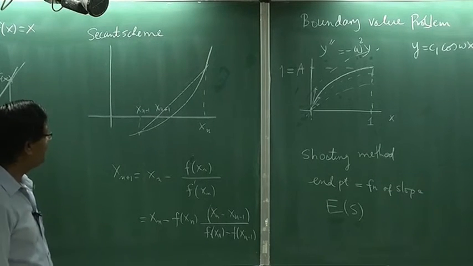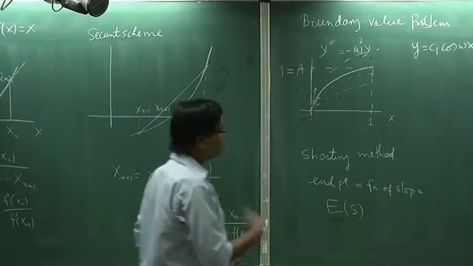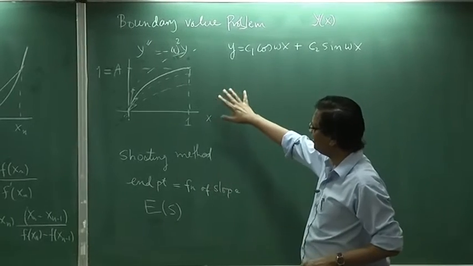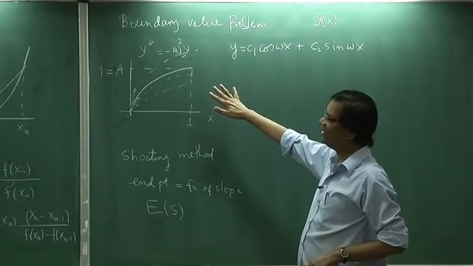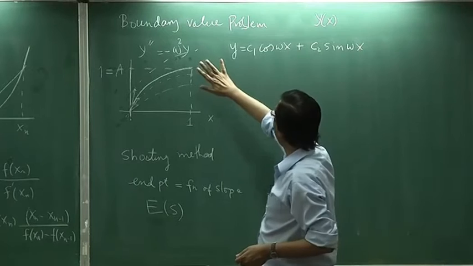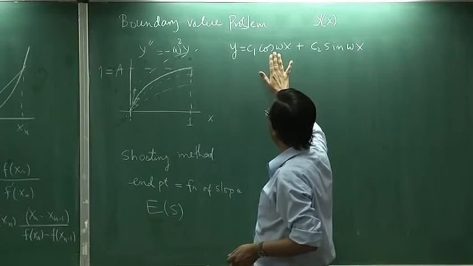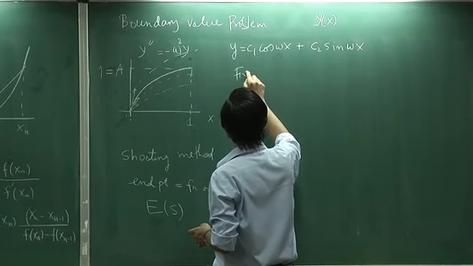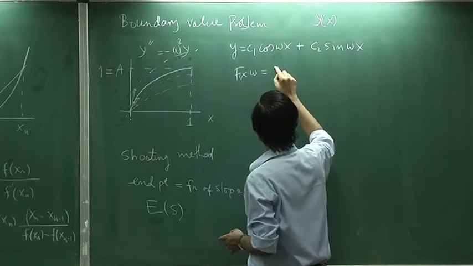So let me show you another. This is how you do it. This is a simple Python code which can solve this problem. But please remember that I have fixed omega. For this particular problem, I will fix omega to pi by 2.